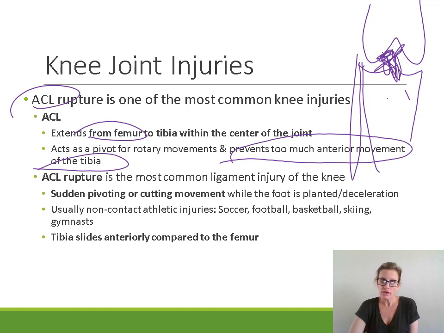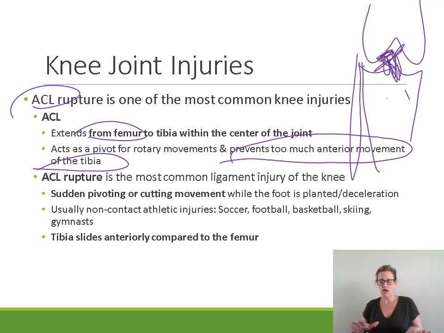ACL rupture, ACL tears are the most common ligament injuries of the knee. So ACL tears are very, very common, especially in sports. Any sudden pivoting or cutting movement while the foot is planted can tear the ACL.